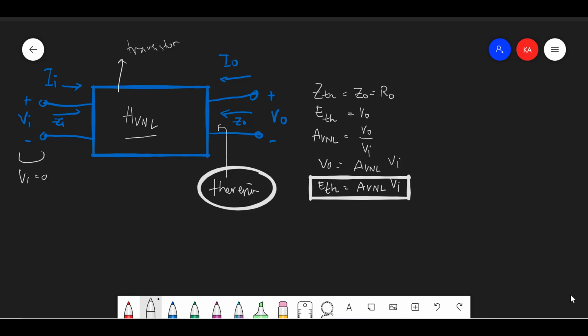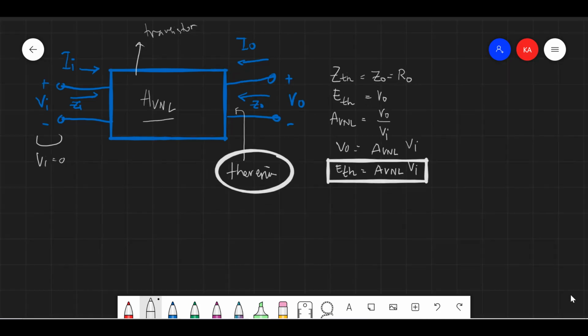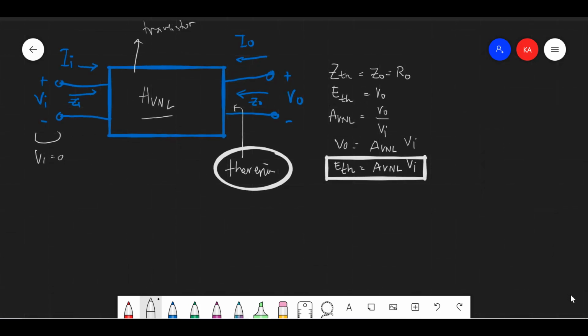Okay, so if we draw this two-port terminal with the AC analysis model, we can draw it like this.